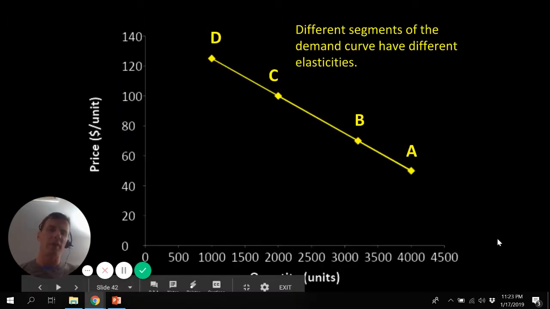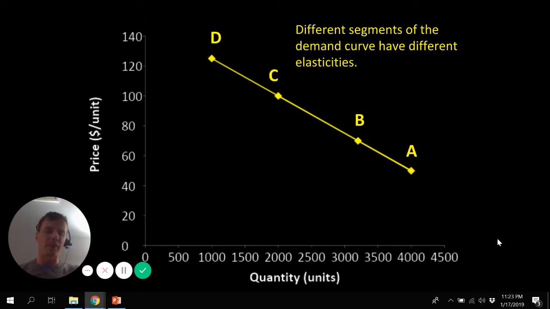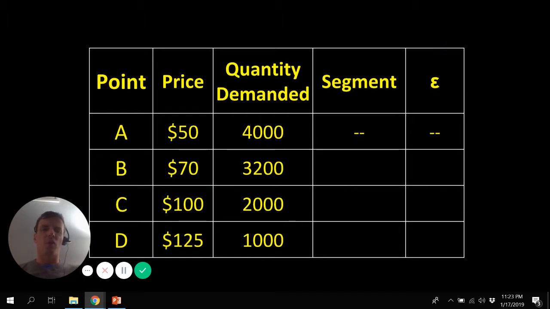So let's look at an example. This is a perfectly linear demand curve. We can break this demand curve up into three different segments, A to B, B to C, and C to D, and for each one of those segments we can calculate the price elasticity of demand. Again, we have 4 points on this line and 3 different segments.